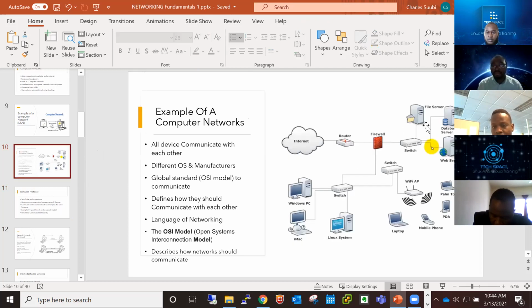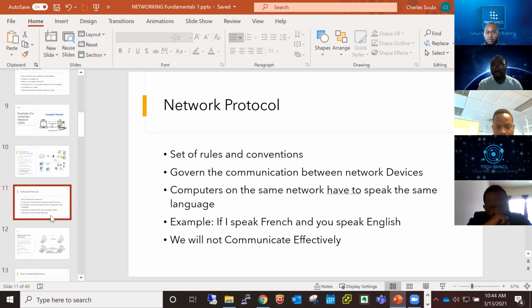That means if this device had a different set of rules and the switch had a different set of rules, they will not be able to communicate with each other. Does that make sense, guys? Yes. So computers on the same network have to speak the same language. And to just give you an example, some of you may speak French and I speak English.